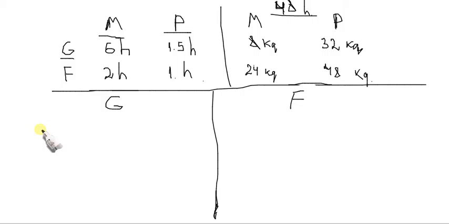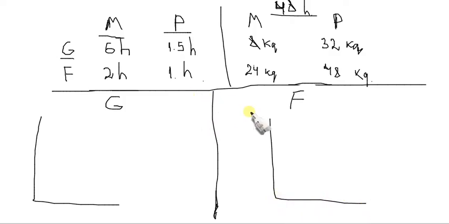Here we'll draw the production possibilities frontier for both. We'll have meat and potatoes on the axes: 8 kilograms of meat and 32 kilograms of potatoes for the gardener, and 24 kilograms of meat and 48 kilograms of potatoes for the farmer.